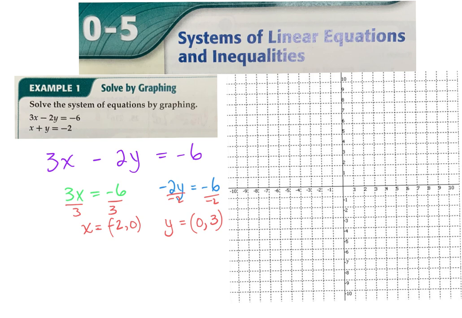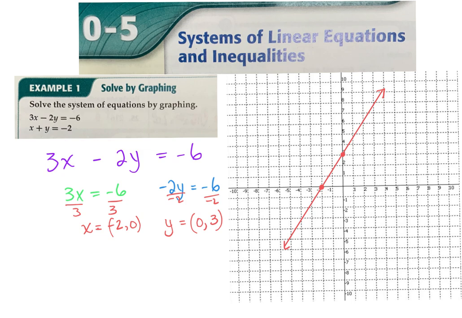I'm going to go to negative 2, 0, and I'm going to go to 0, 3. And that is where I'm going to draw this particular line, a line that goes through these points. That is the graph for this particular line.